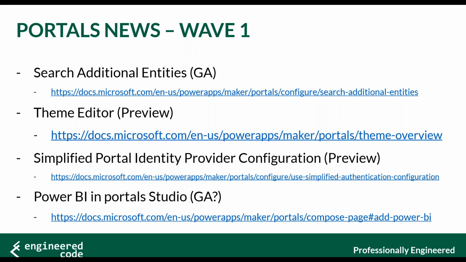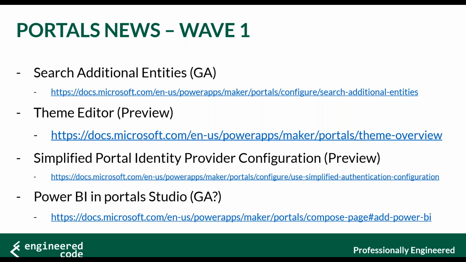There are a few pre-built themes, but in addition to those, you can go in there and change some colors yourself. It's very simple to use, very targeted at the citizen developer community for just changing a few colors on your portal. So I know the product team is very excited about that, so you can go ahead and check that out and provide your feedback.